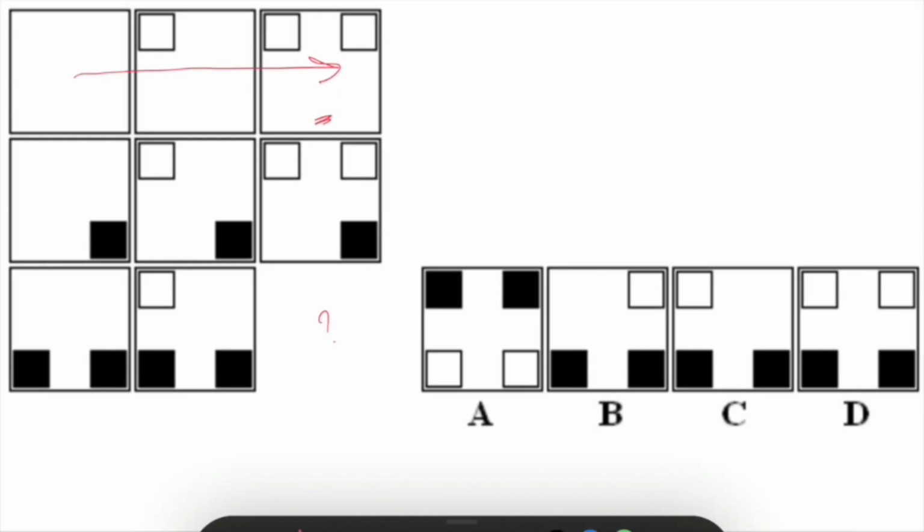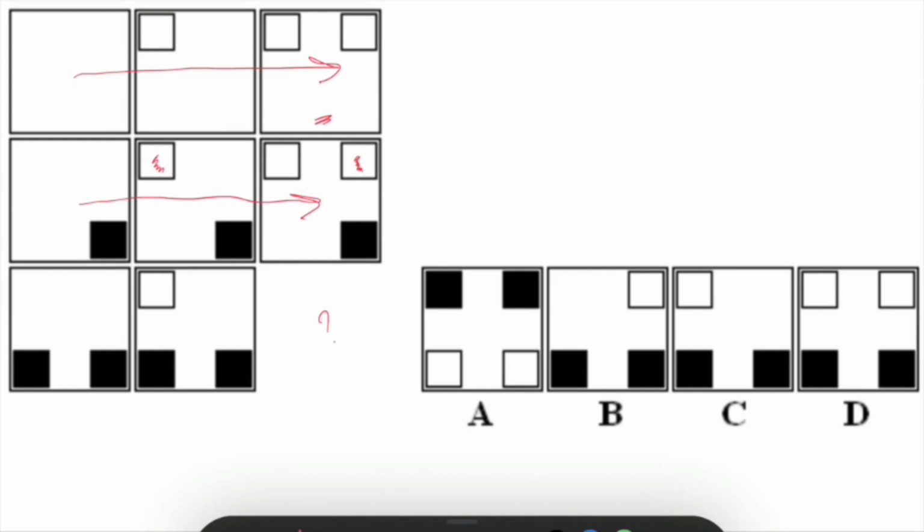Here in the second row we didn't start with a blank box. We started with a box with a black square in the lower right corner. Then another addition of a white square in the upper left corner, and another addition of a white square in the upper right corner.